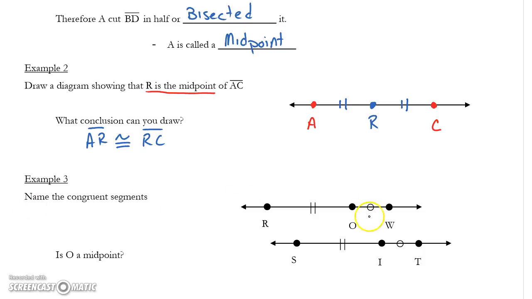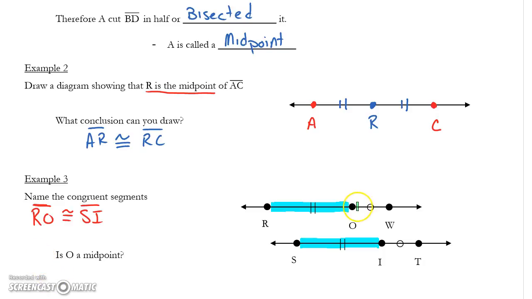So, down here, we could name which segments are congruent in this diagram based on the tick marks. I know that segment RO has the 2 tick marks, so I look for another segment, in this case segment SI, that also has 2 tick marks. So I would say that segment RO, when I'm writing this, I need the segment bar, I need the congruent symbol, and then segment SI with the segment bar.